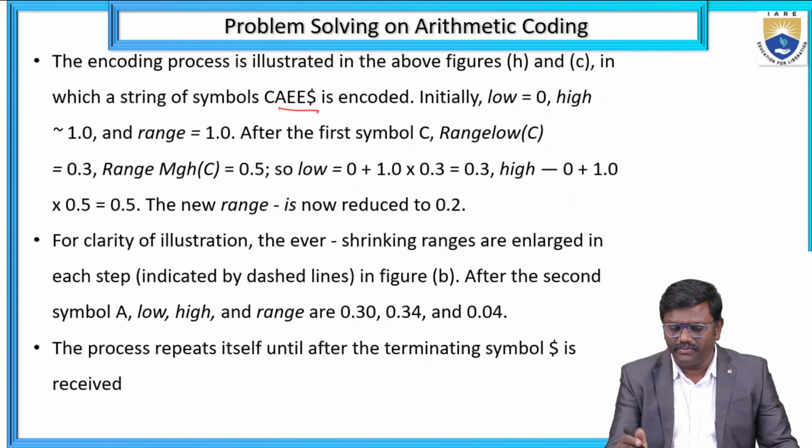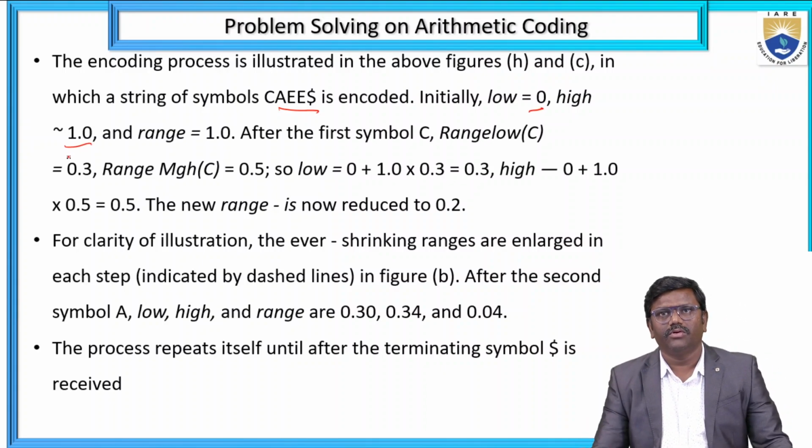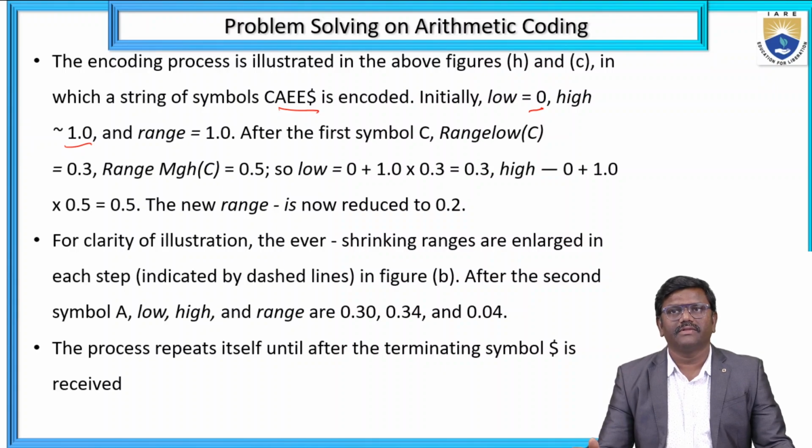Initially, low is nothing but 0, high is nothing but 1, and the range between 0 and 1 is nothing but 1. After the first symbol C, the range low of C is 0.3 and the range high of C is equal to 0.5. So low is 0.0 plus 1 times 0.3, which gives 0.3.